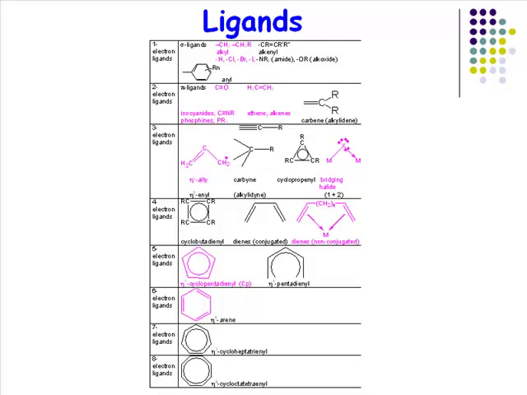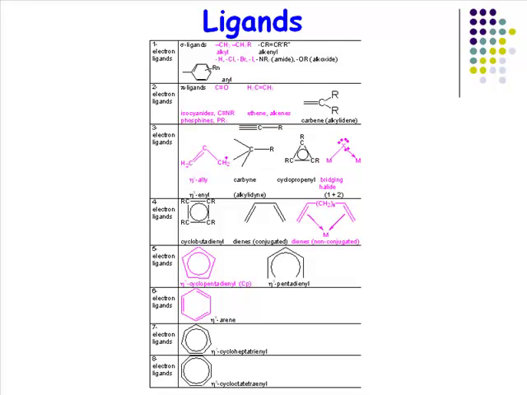I don't really want to work through this table in any detail now, because we will be returning to this. Just to flag a couple of points at this stage: these normal sigma donors that form covalent electron sharing bonds are 1 electron donors.